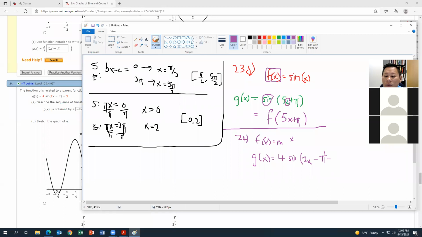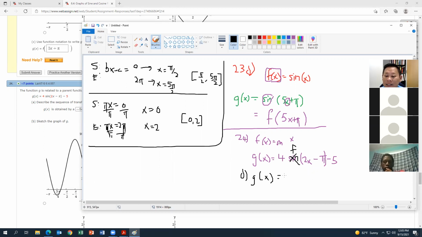So if you want to write question D, how you write g of x in terms of sine of x, f of x, what you do in this case is you just replace this sine to become f, because f of x is sine x.